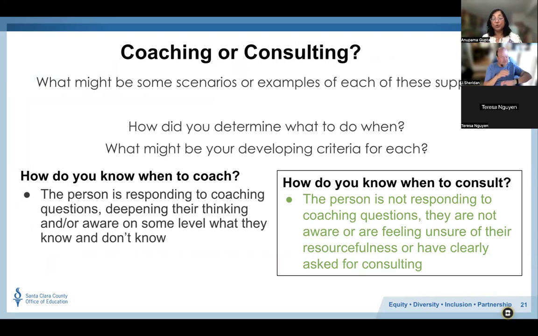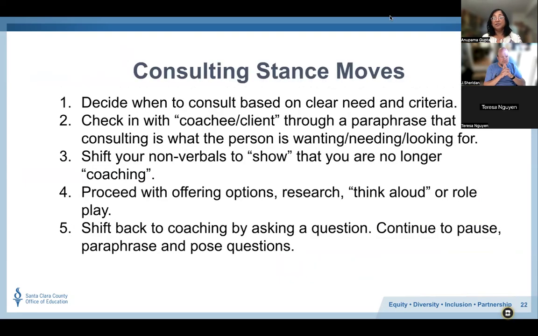The person is responding to coaching questions, deepening their thinking, and or aware on some level what they know and don't know. And you consult when the person is not responding to coaching questions, they are not aware or are feeling unsure of their resourcefulness or have clearly asked for consulting, like show me how to do it. That's when you consult. Okay, moving on.